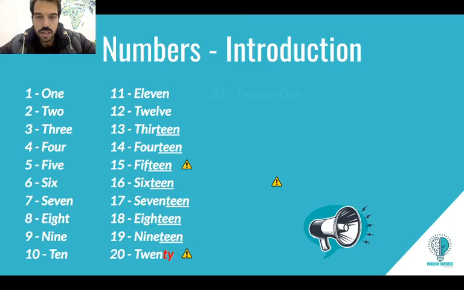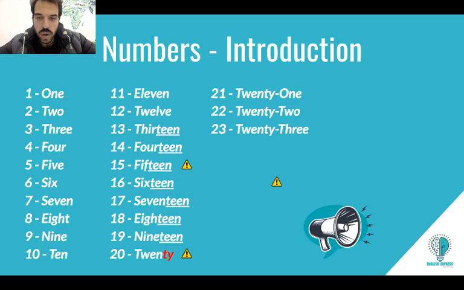Amazing. So next one, we have 21, we have number 22, 23. From there, we're going to have all the numbers in the same sequence.